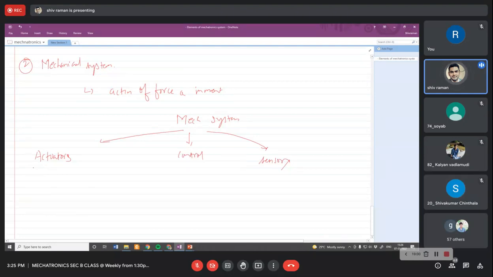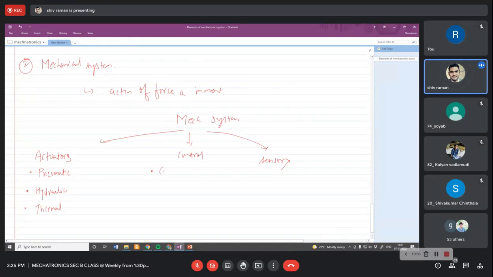If you are dealing with mechanical actuators, we have pneumatic actuators, hydraulic actuators, and thermal actuators. Similarly, if you talk about the control system, in order to control speed, and to decrease or increase force and speed, you need a control system.